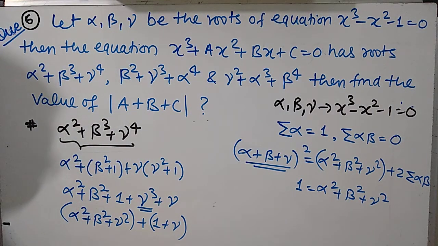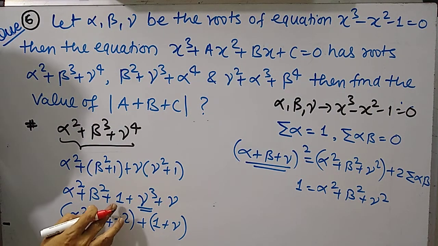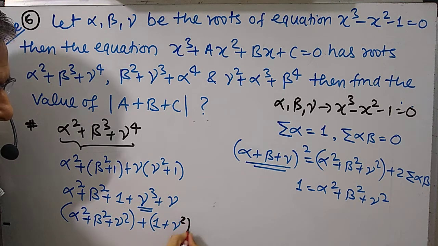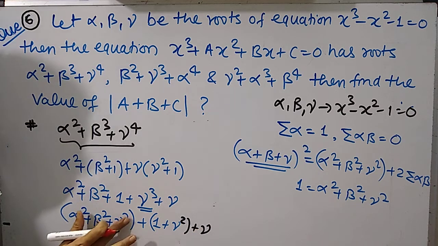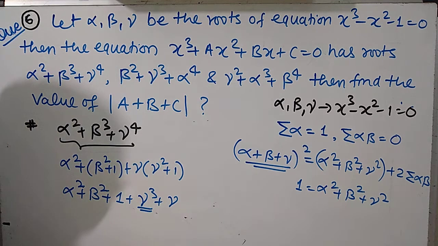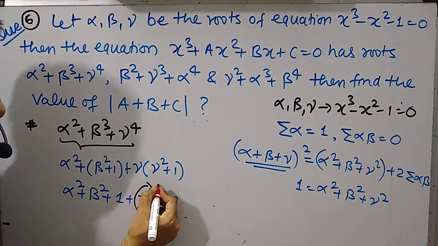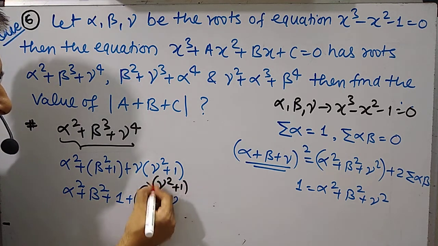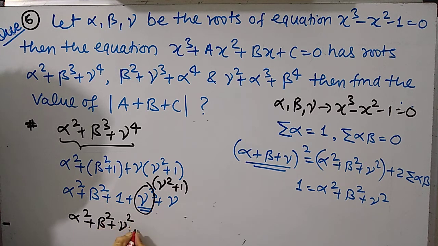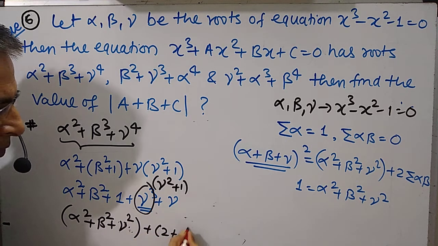Okay, we have made one mistake. The mistake is that gamma cube is replaced by 1 plus gamma square, plus gamma. So this quantity becomes alpha square plus beta square plus gamma square plus 2 plus gamma.